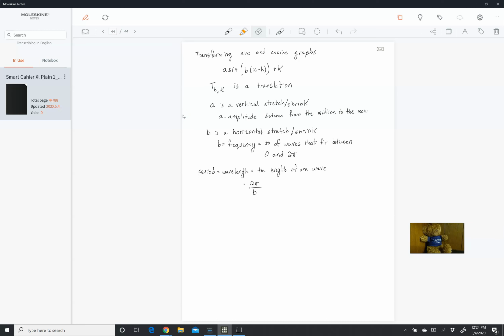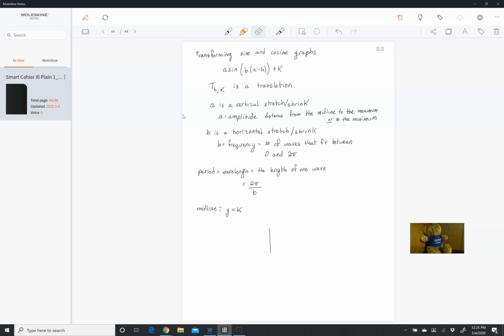I'm going to say to the maximum. So the midline is at y equals k. Okay, so what does the midline mean?